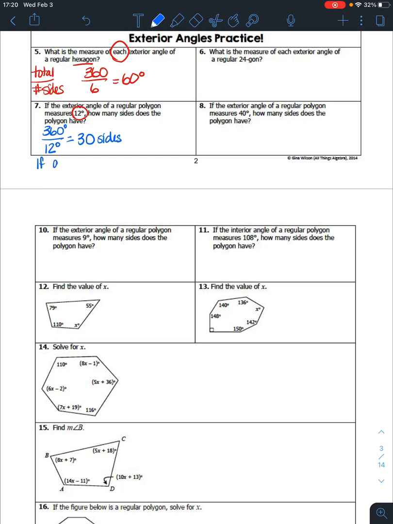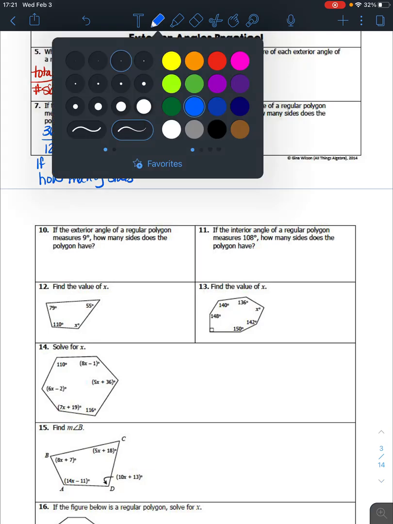Okay, so if I gave you an interior angle that is 108 degrees, and I ask for how many sides, here's what you have to do. Anytime I want to know my number of sides, always use exterior.